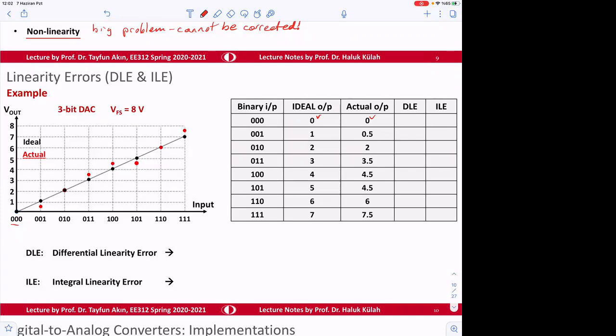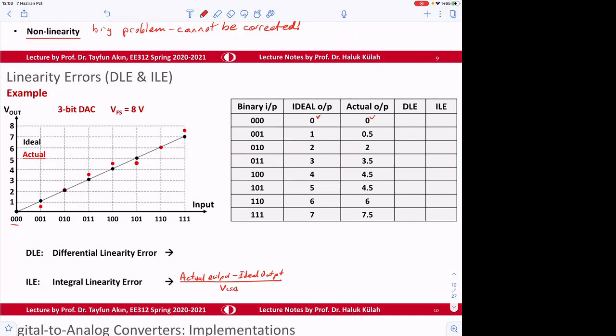The integral linearity error is defined as actual output minus ideal output, divided by the voltage of LSB.